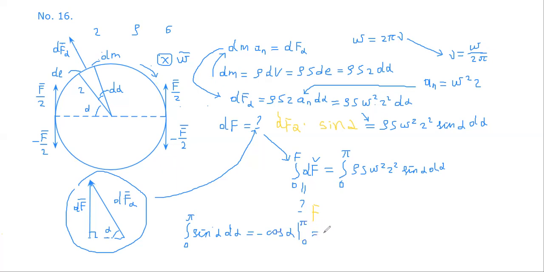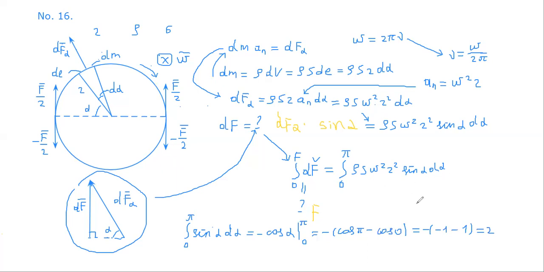So it is equal to minus cosine pi minus cosine of 0. Cosine of 0. And it is equal to minus, open the bracket, minus 1, minus 1, and it is equal to 2.